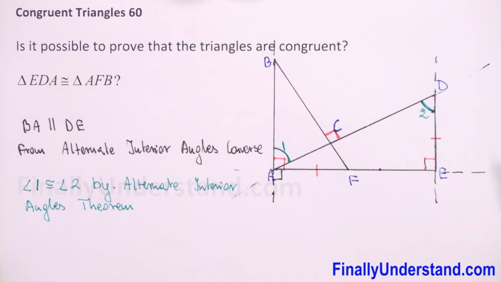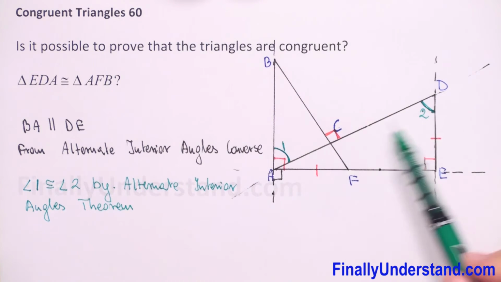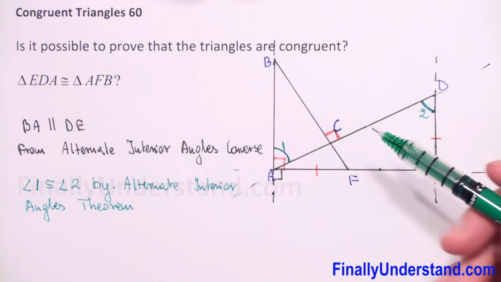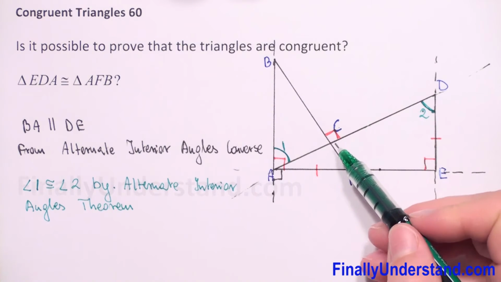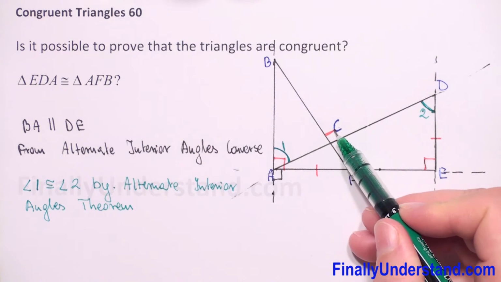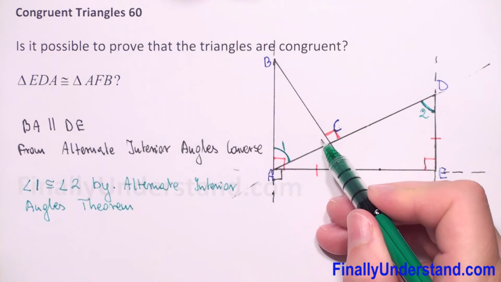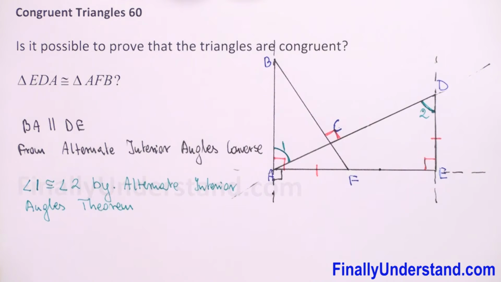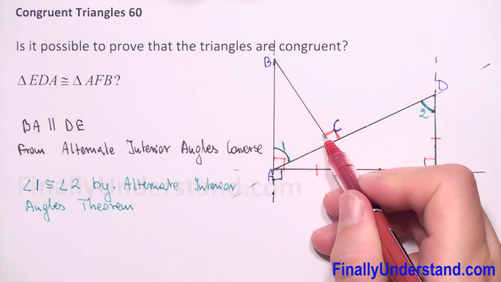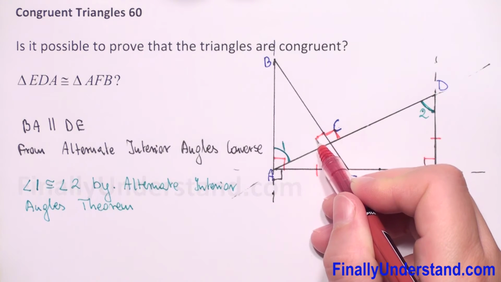So we have that these two angles are congruent, because we have here a right angle. It means that on the other side we have right angle too, because these two angles are supplementary angles.